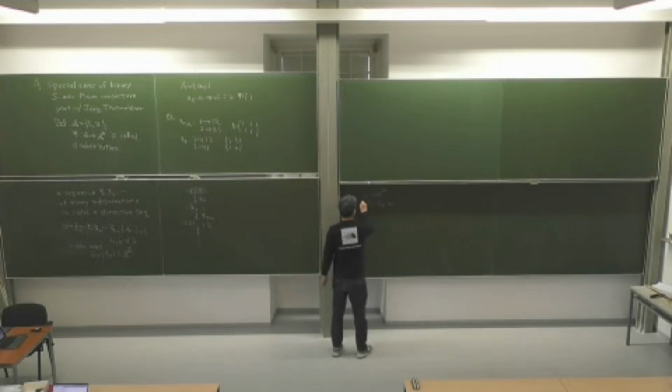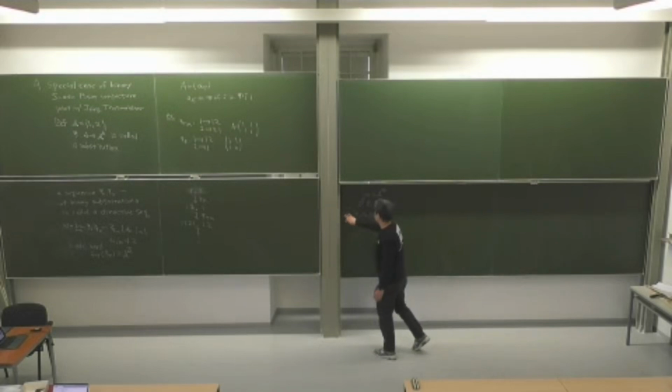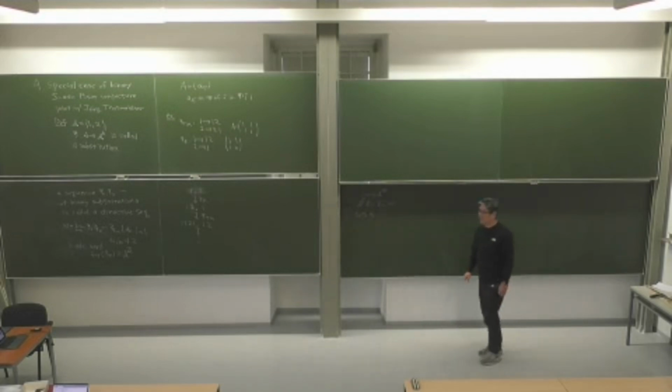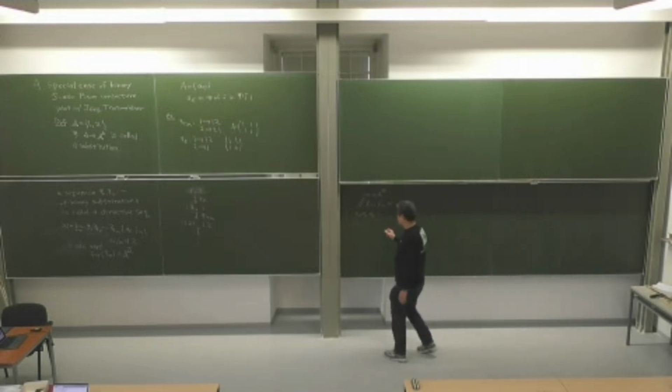So let's denote this. Given a word, we have to specify tile lengths, which are L1 and L2. Then we can get a tiling, something like this.